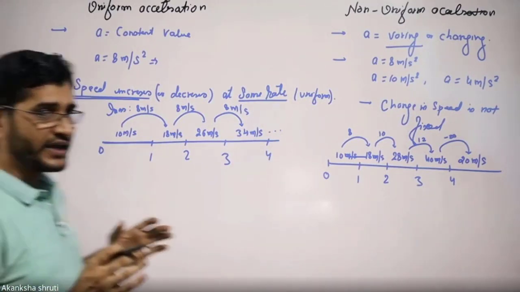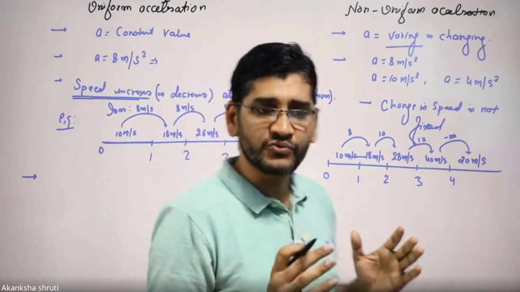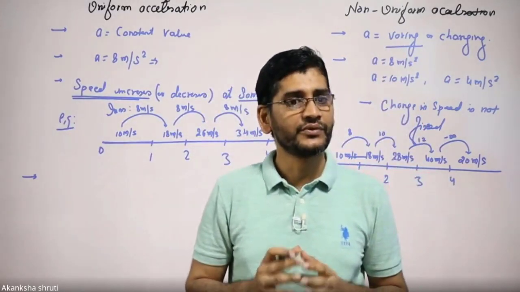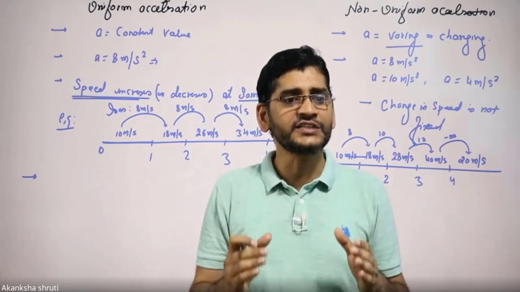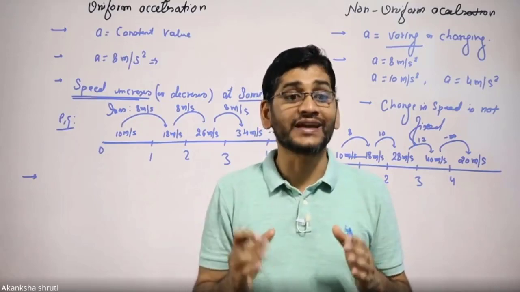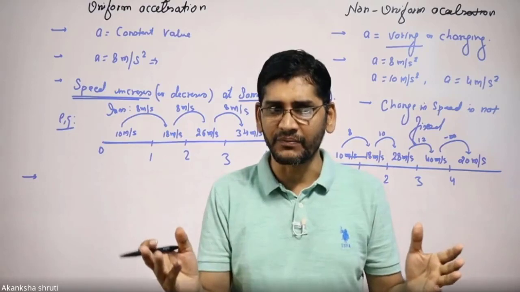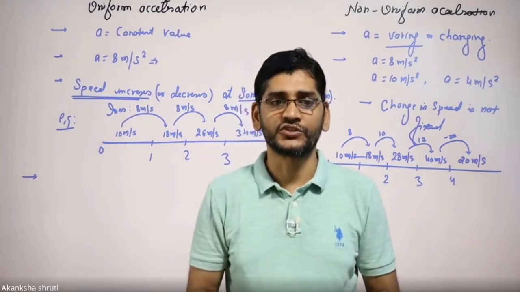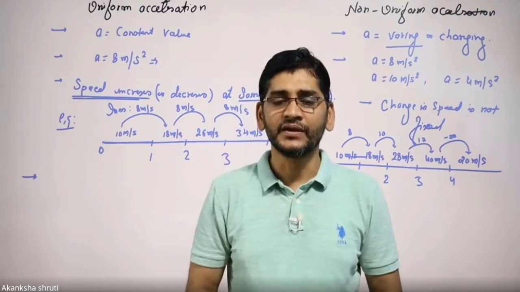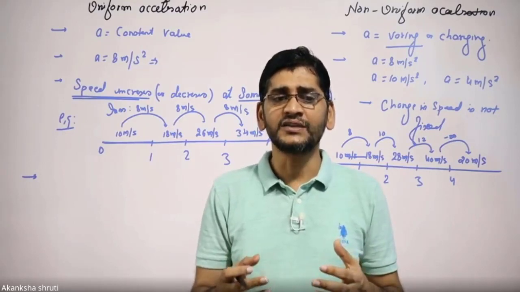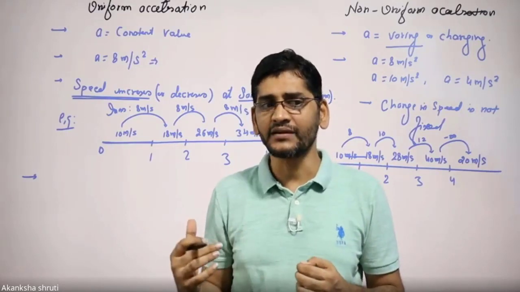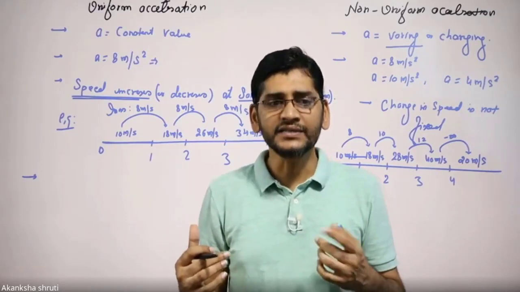A body is said to be under uniform accelerated motion if the speed is changing by equal amount in equal interval of time. What we were using earlier for uniform motion, there we were using the distance covered is equal in equal interval of time. But here we have to take the change in speed.